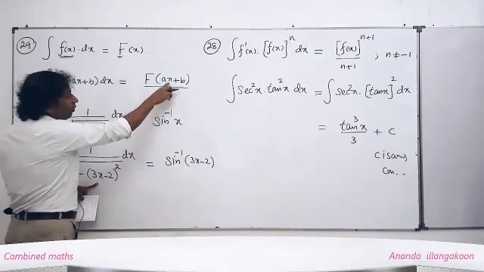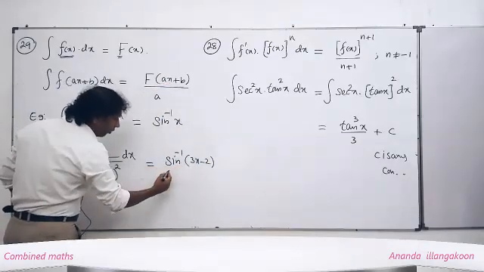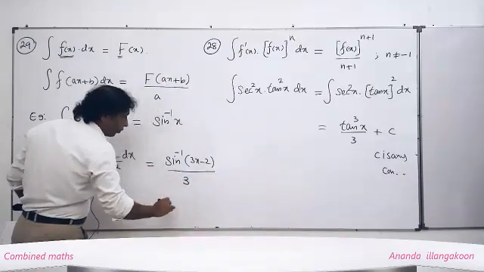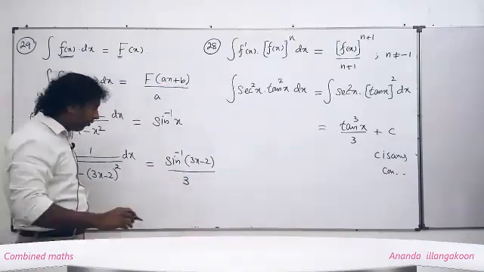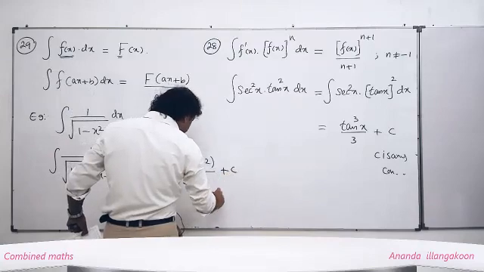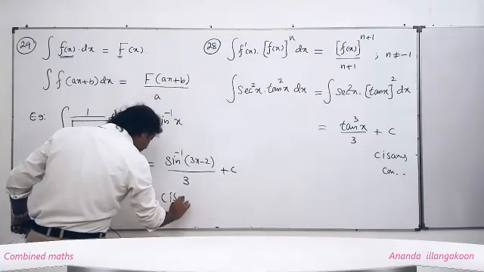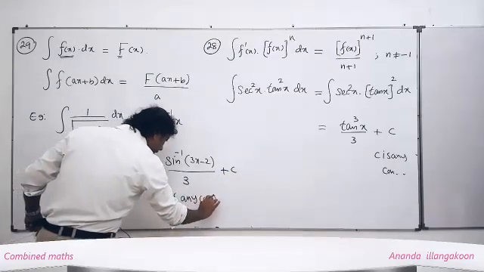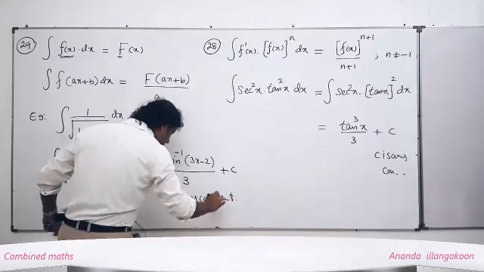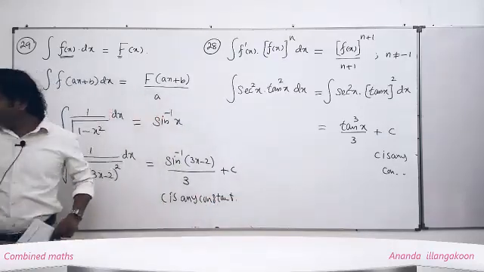Divide by a. A means this x coefficient. What is the x coefficient? 3. Divide by 3. This is what this result says. Plus c, c is any constant. Right?